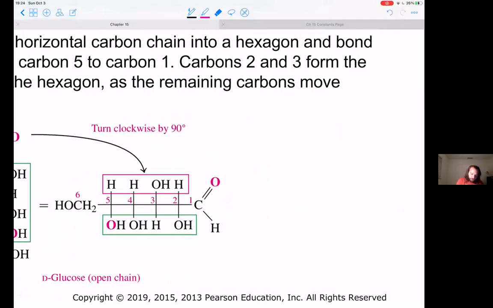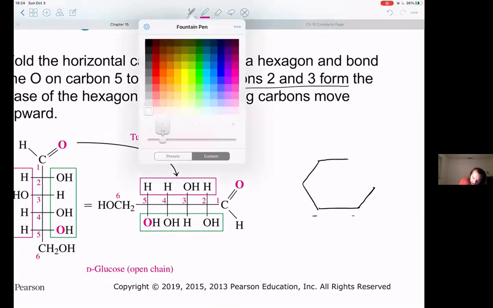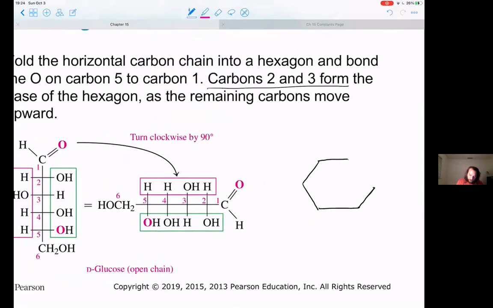Now from here, what you're going to do is draw a hexagon. This bond isn't there yet, because how we're going to number it is to make sure that your front two carbons are carbons 2 and 3. Carbons 2 and 3 should form the base of your hexagon. Now you're going to make sure that when you insert your OH groups and hydrogens, they line up the correct way.